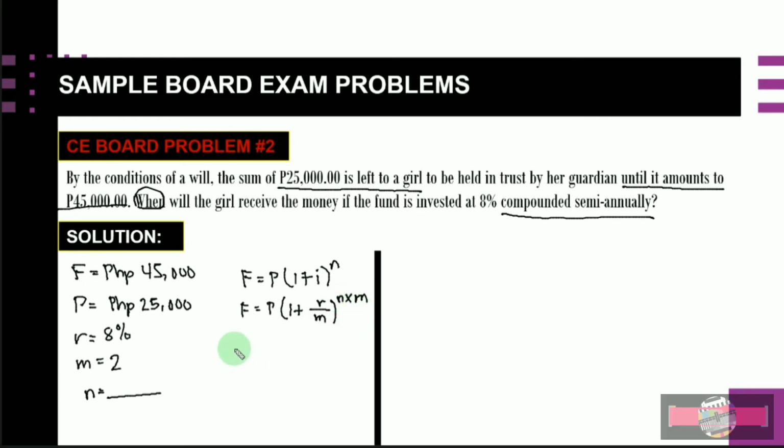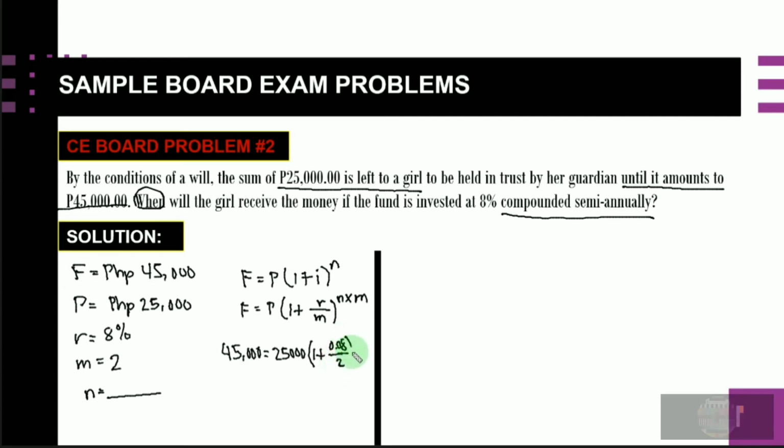so after that one we substitute the given values. So this is 45,000. So 45,000 equal now to ang P nato is 25,000. Okay, times nato sa we have here 1 plus ang atong R is simply 0.08, divided by 2.